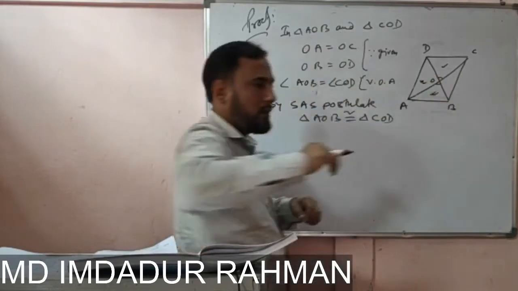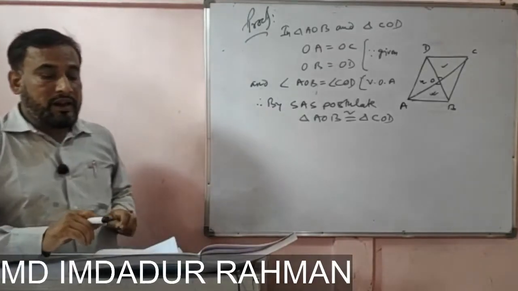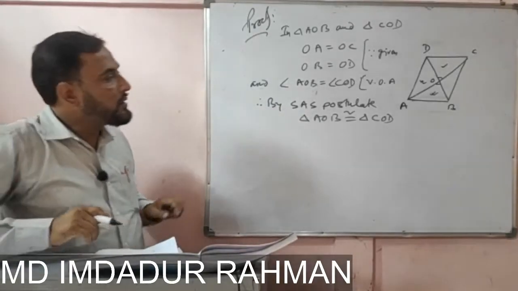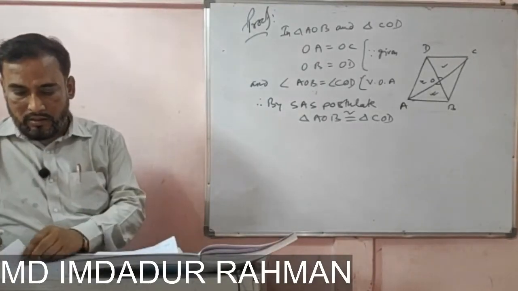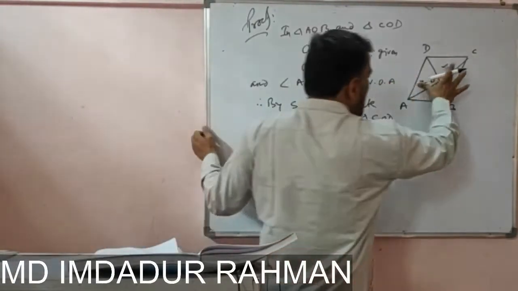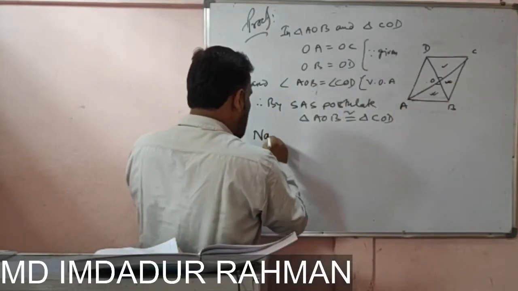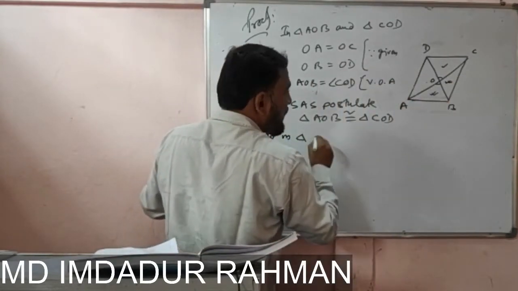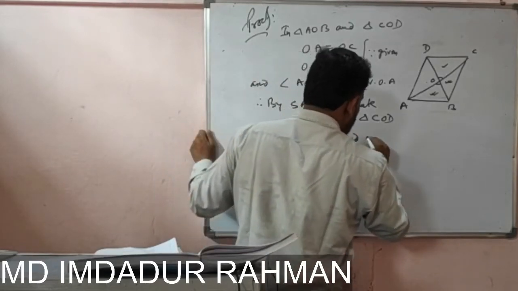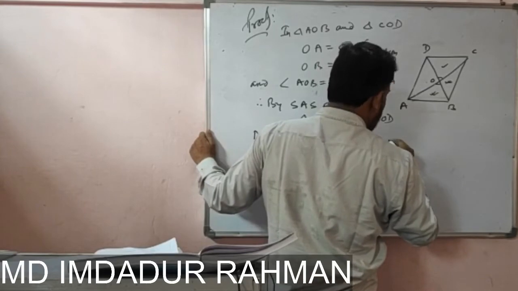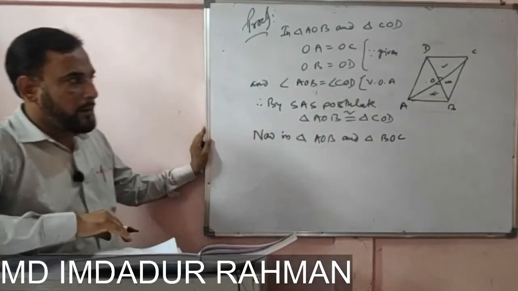Now we will use another two triangles, this one and this one. You see, in triangle AOB and triangle BOC, here what are we getting?